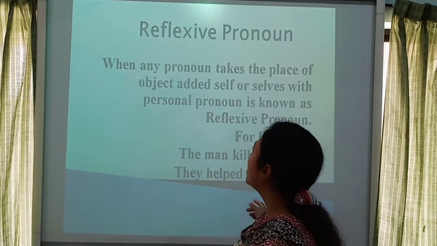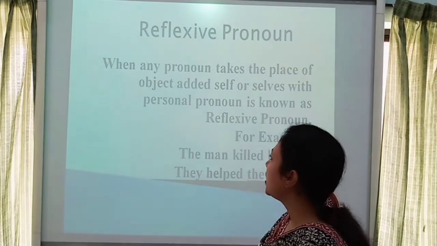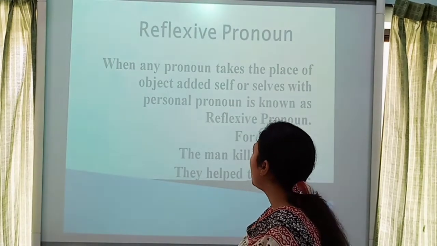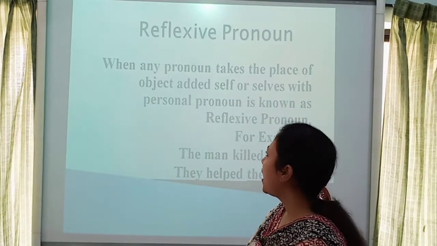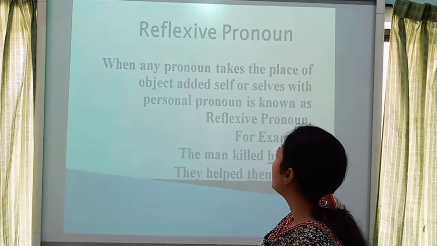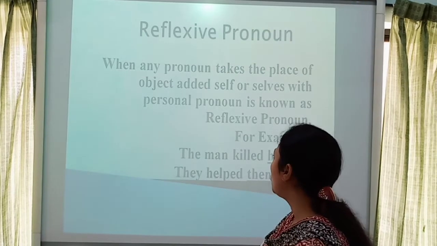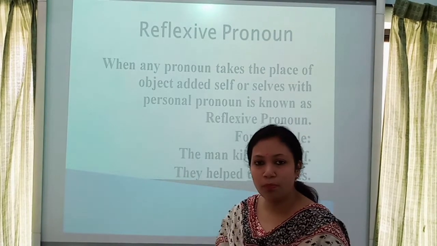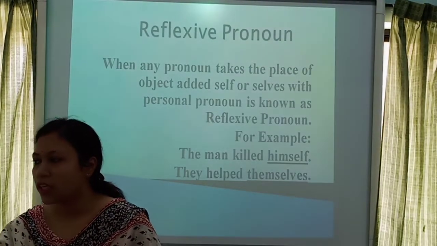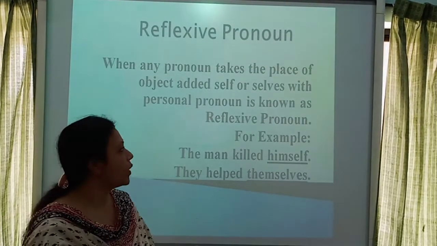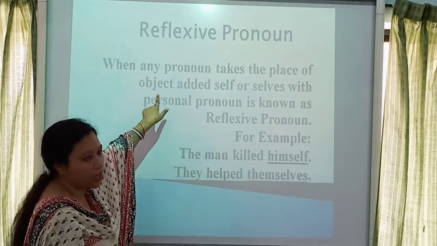The definition is, when any pronoun takes the place of an object, adding self or selves with a personal pronoun is known as a reflexive pronoun. A reflexive pronoun always uses a personal pronoun. A reflexive pronoun always acts as an object.